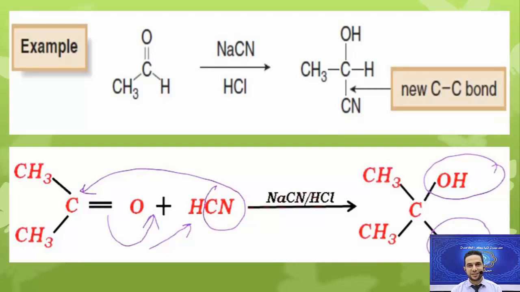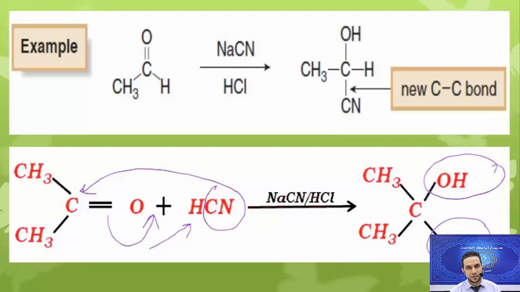Also down you have CH3, C double bond O, CH3. This is a ketone, propanone, plus HCN or NaCN in the presence of HCl. What will happen? You will make a new bond between carbon and CN and remove the double bond between C and O, make it a single bond and add hydrogen.